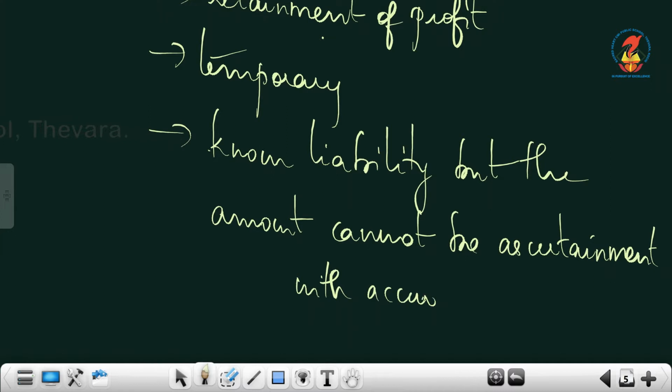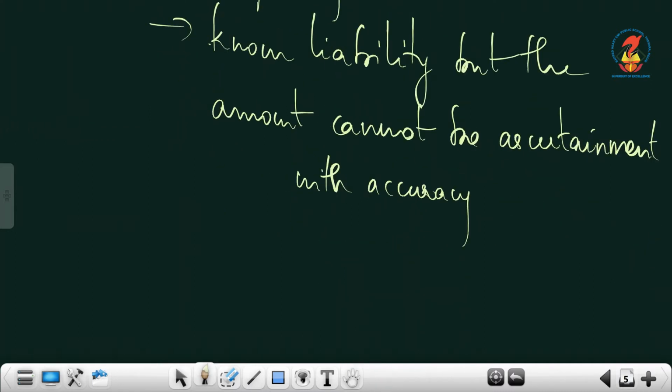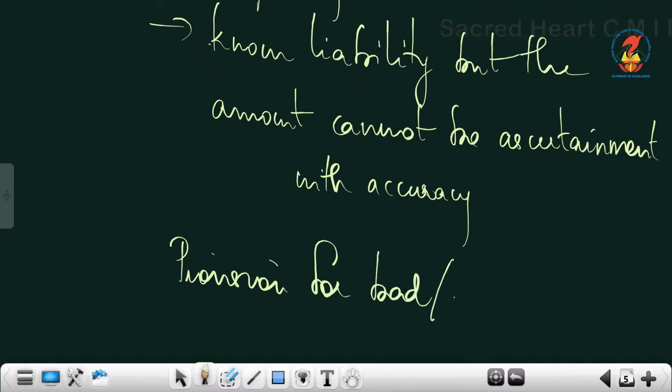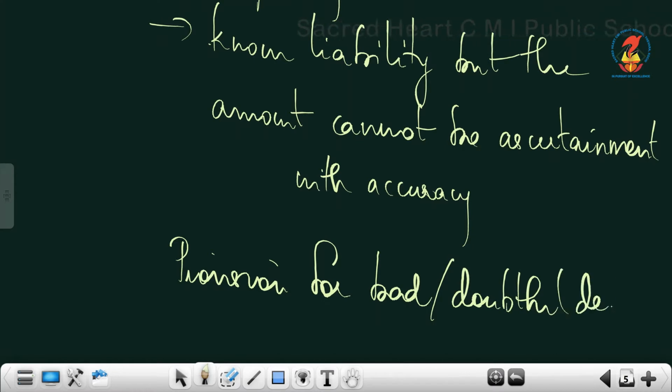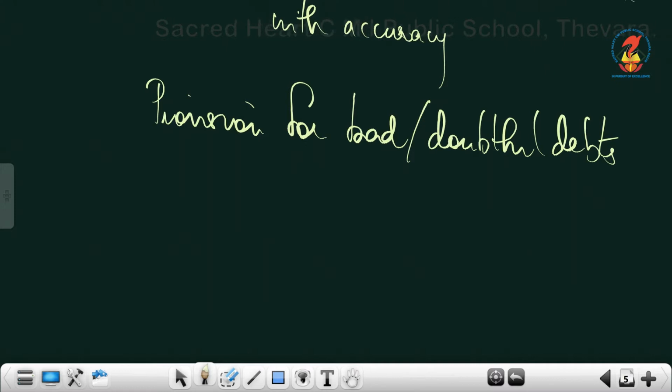The best example we have learned already, in the first theory chapters we discussed provision for bad debts or provision for doubtful debts. Both are same. Provision for bad or doubtful debts. Expecting bad debts in future.